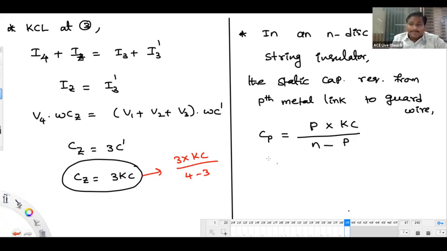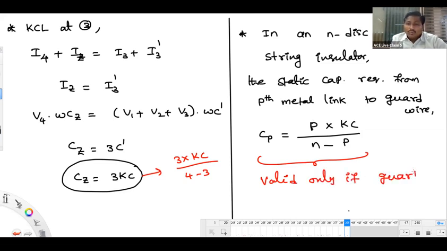So this is valid only if the guard wire is provided up to the top metal link, or provided for all metal links.